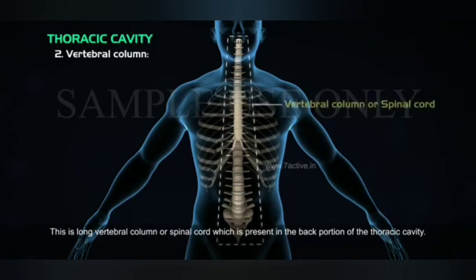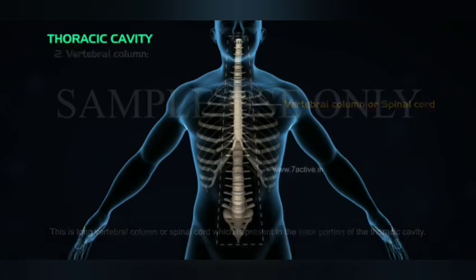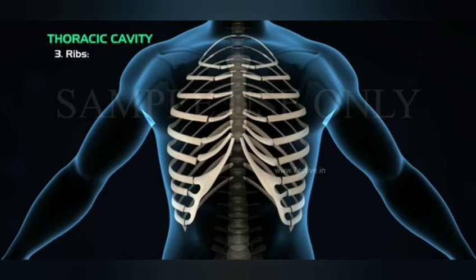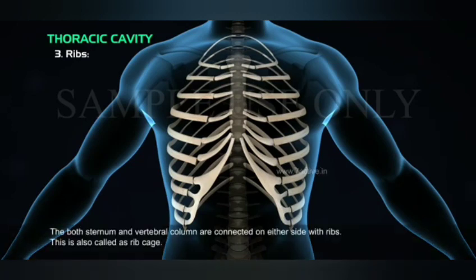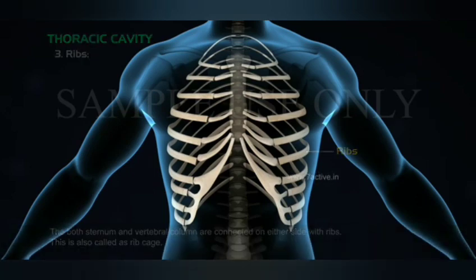This is the long vertebral column or spinal cord which is present in the back portion of the thoracic cavity. 3. Ribs. Both the sternum and vertebral column are connected on either side with ribs. This is also called the rib cage.